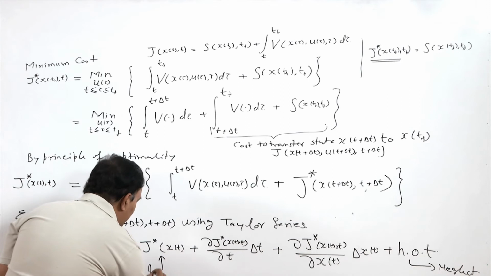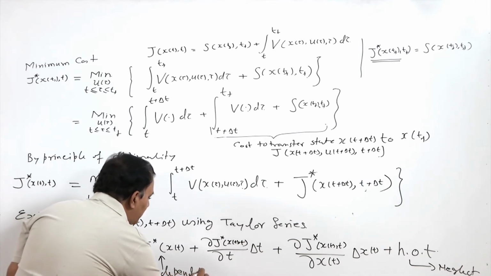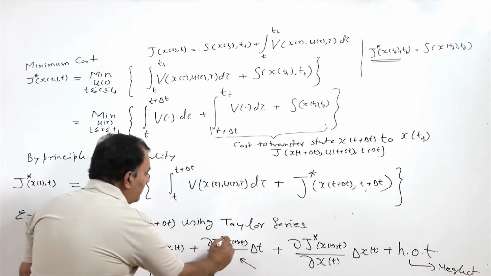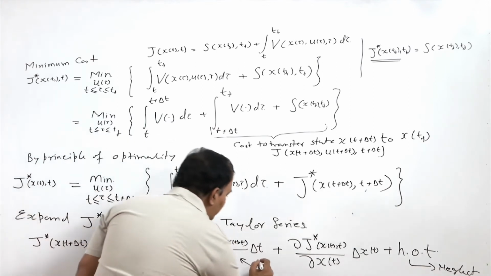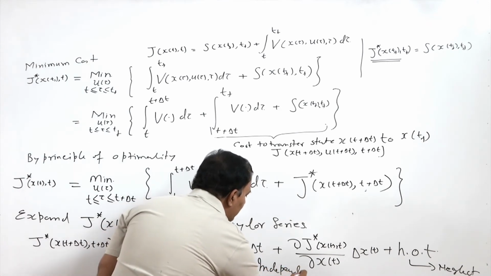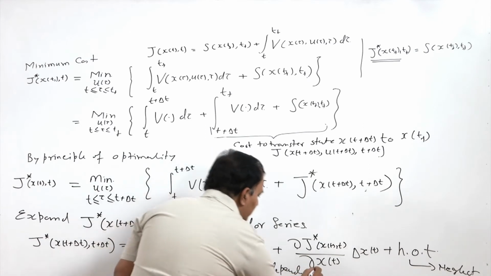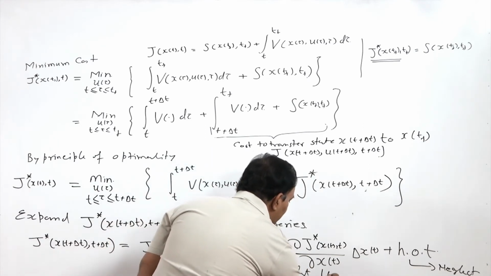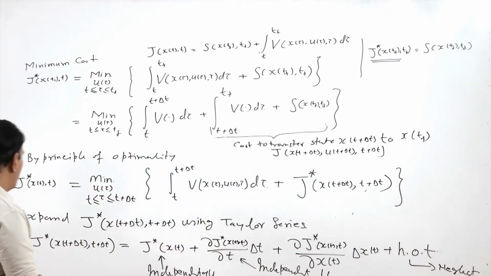So, this term will be independent of u. Similarly, ∂J star(x(t), t) by ∂t is also independent of u. So, these two terms we get.